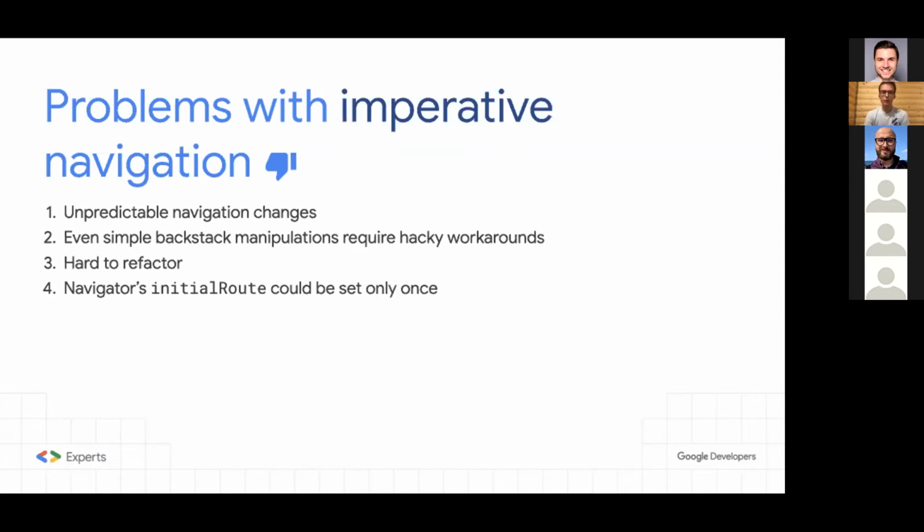Another major thing is that the former way is hard to refactor. The typical navigation approach is hard to refactor if you keep everything in one place, let's say you have your common routes file, or maybe you have some class to handle the navigation. If you use named routes, it's of course much easier.